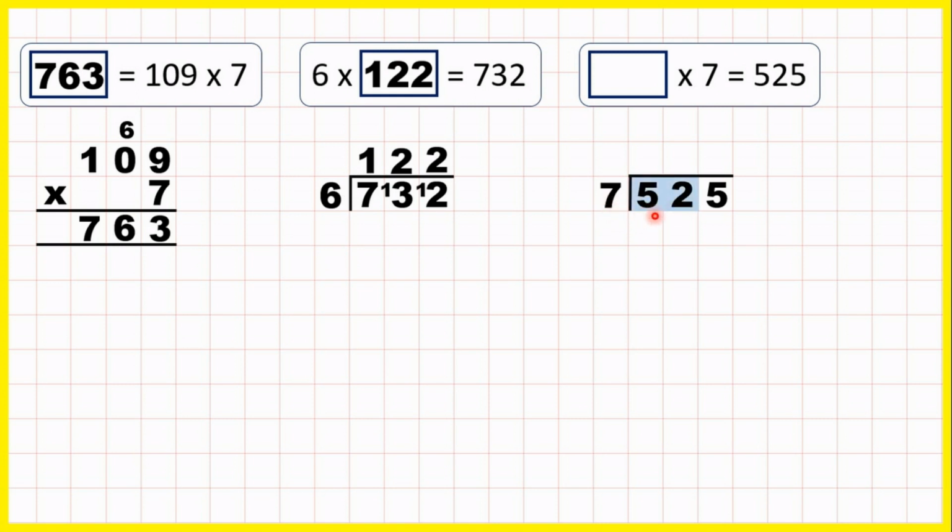So let's take the first two digits together and work out 52 divided by 7. That's 7 remainder 3, because 7 times 7 is 49, but then we need 3 more to get to 52. Now 35 divided by 7 is 5, because 5 times 7 is exactly 35, so our missing number is 75.